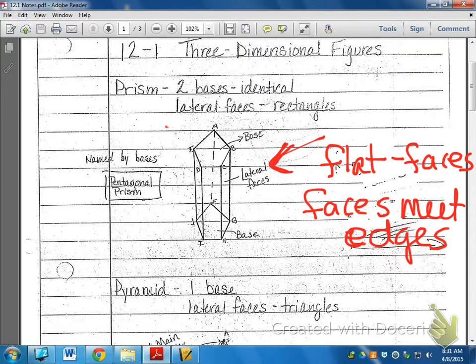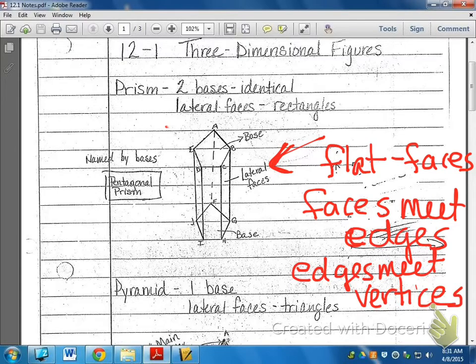And where the edges meet, those are the vertices. It's the actual points. So in this prism, the top face has the vertices A, B, C, D, E.